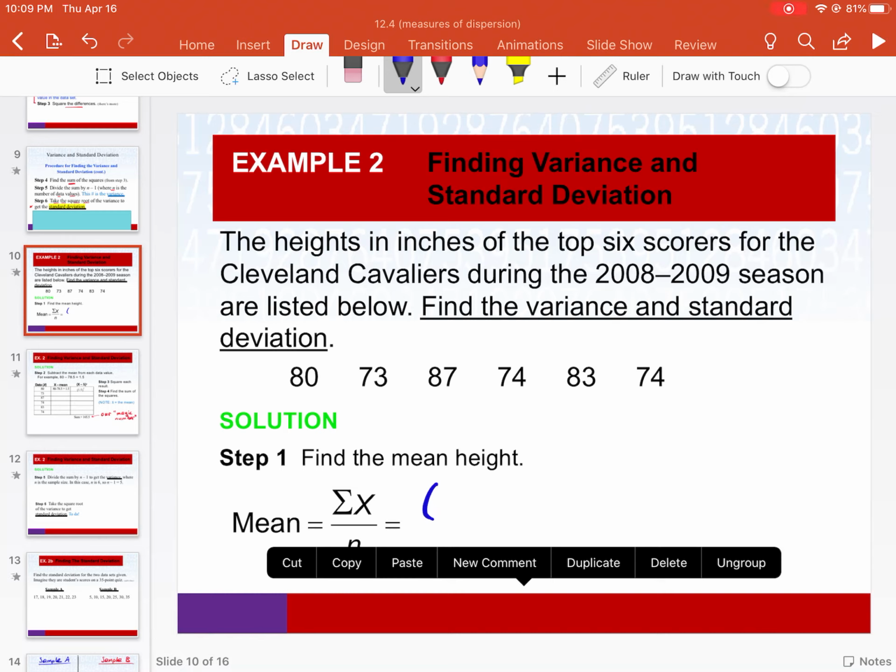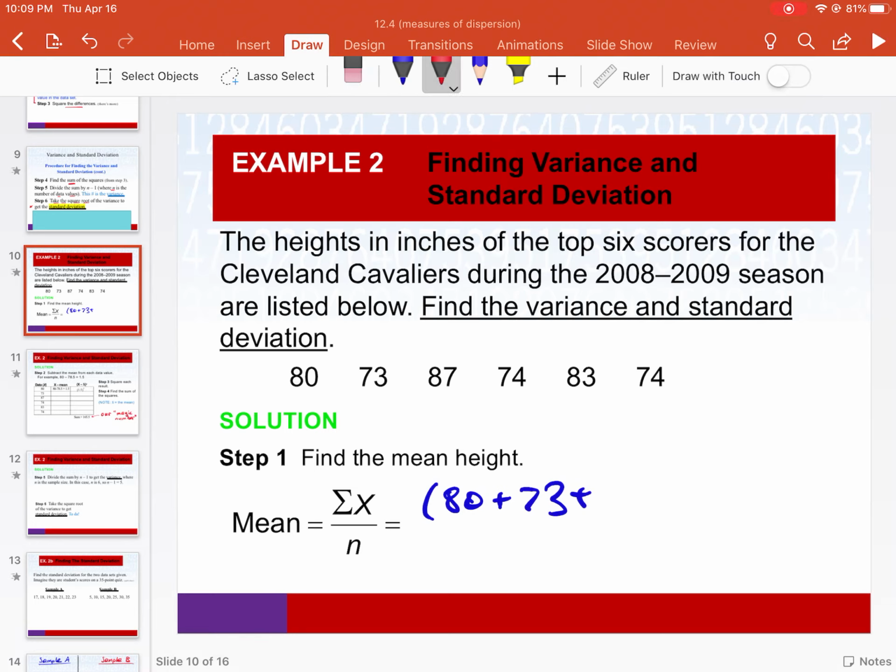Okay, so it's 80 plus 73 plus 87 plus 74 plus 83 plus 74.